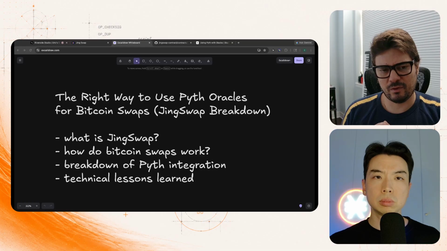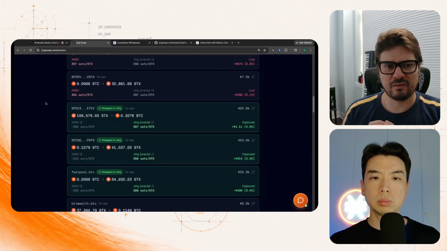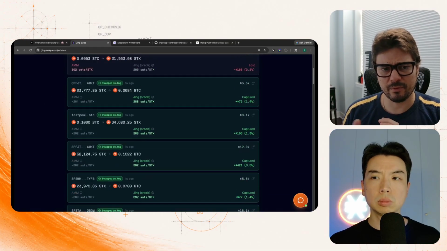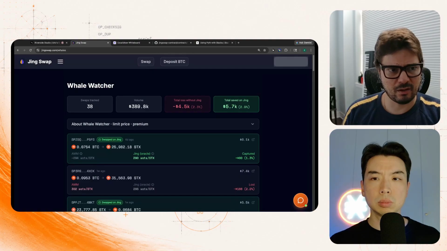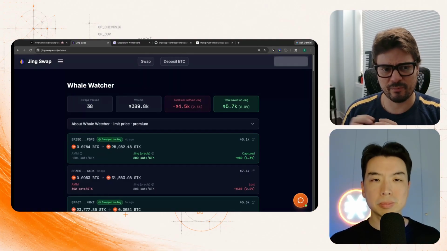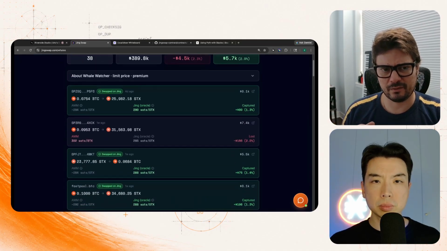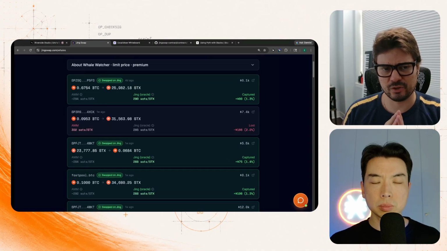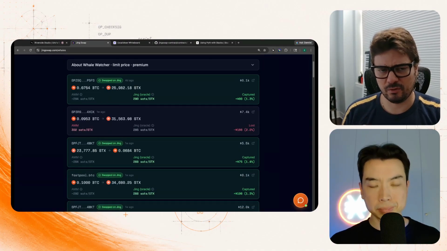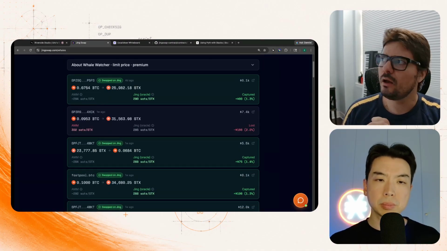You can see that some of their swaps are $10,000-$15,000 worth of a swap. Typically here you can see this whale watcher is watching whales that need to swap from Bitcoin to Stacks via the one-to-one backed sBTC, the official wrapped token on Stacks L2.